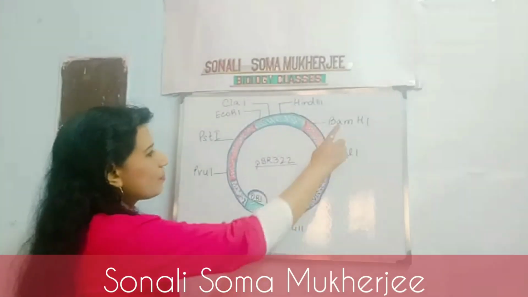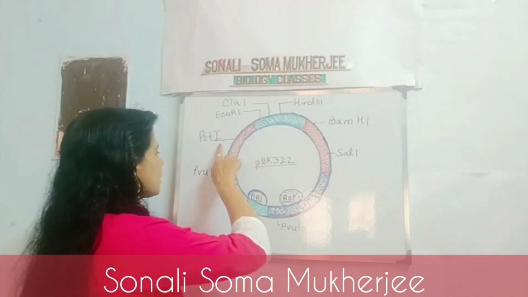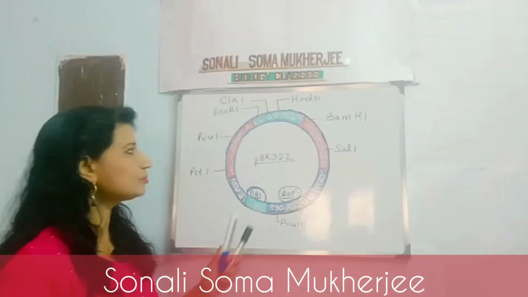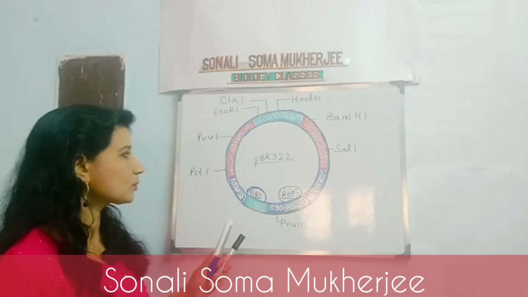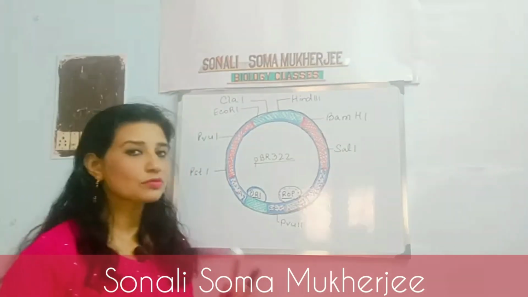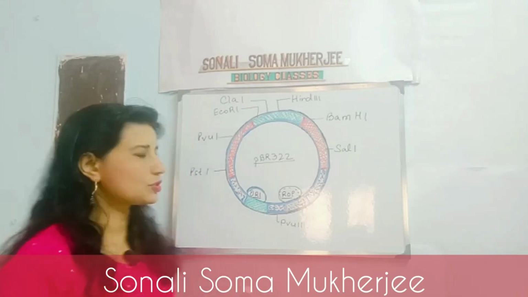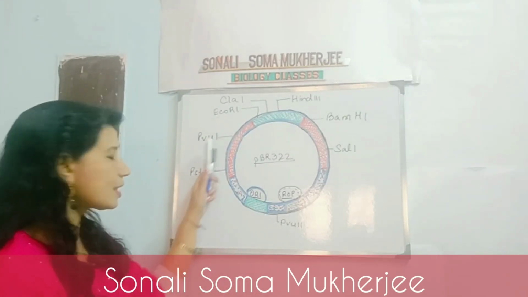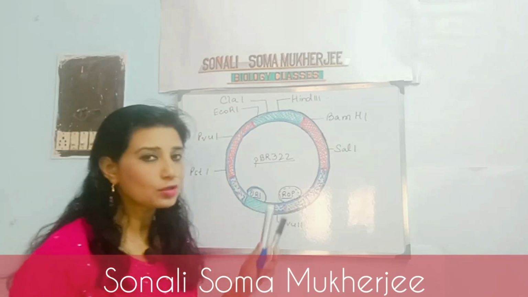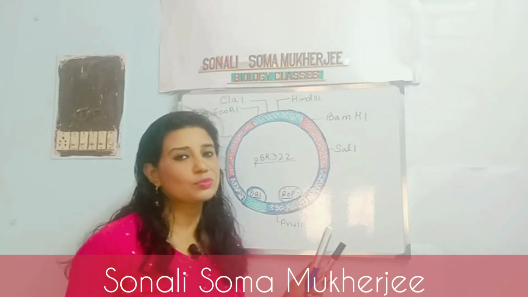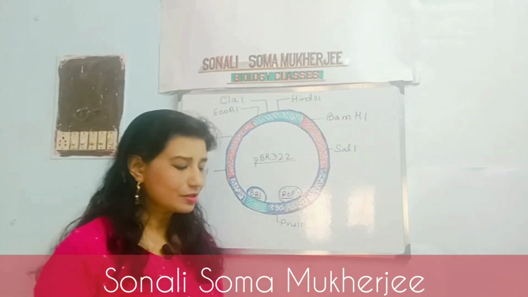As I have pointed out the names BamHI, SalI, PstI, PvuI have some other unique features. Let me talk about the antibiotic resistance gene which is found in the selectable marker region. Look here, PstI and PvuI, these are names of restriction endonucleases, and these are present in genes which are encoding antibiotic resistance.